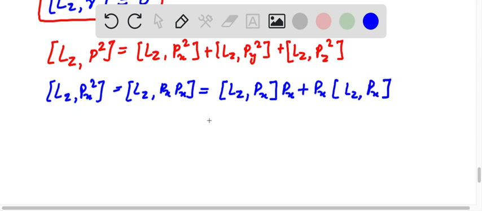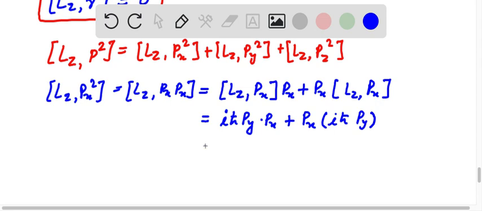Now use the result of part A, that is Lz with px. Lz with px is iħ py, and this px is as it is, plus px, and this is also iħ py. So this will be iħ py px plus px py.